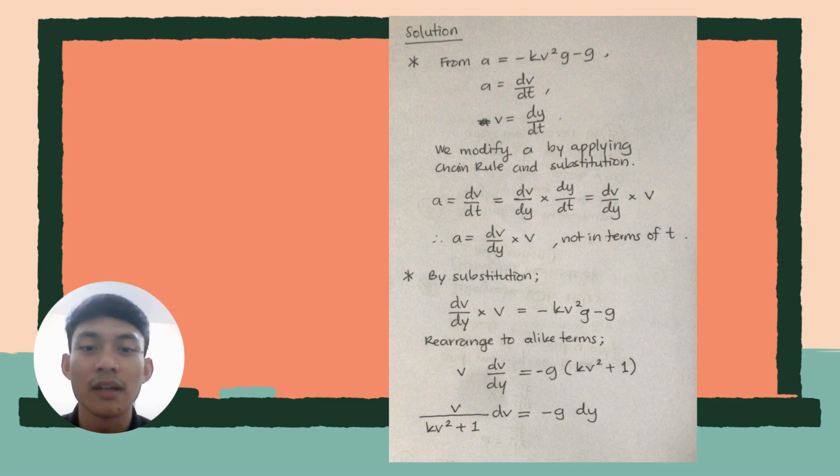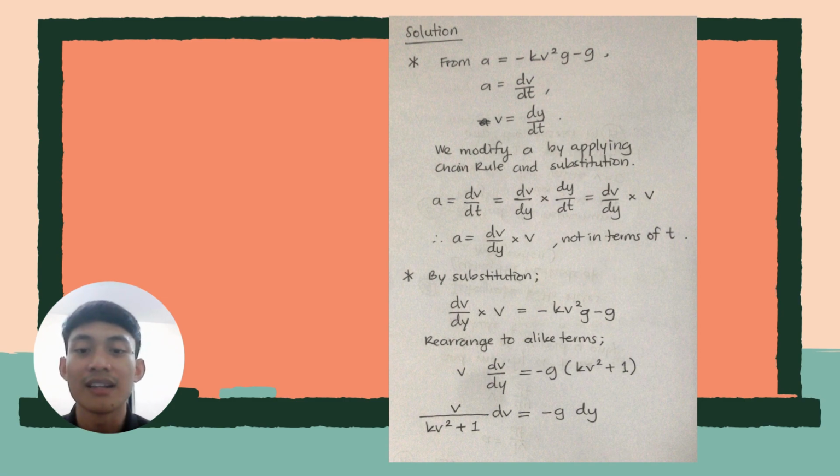How did we get v? Since v equals dy/dt, we substitute v for dy/dt and get v. So now we have a equals dv/dy times v, which is not in terms of t. So it's already fine, and we want to substitute it in a equals negative kv²g minus g. So we substitute a with dv/dy times v.